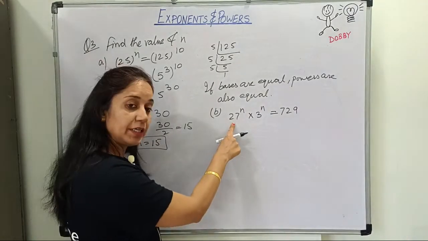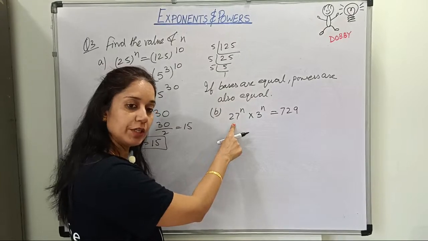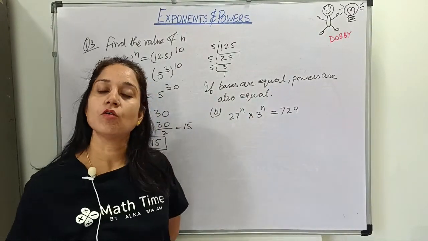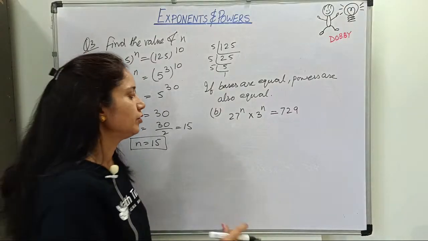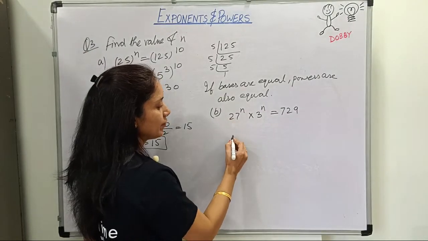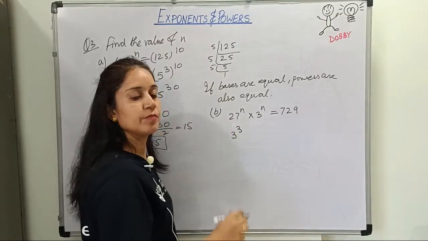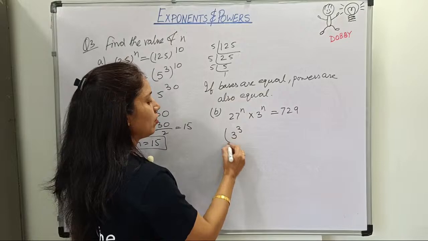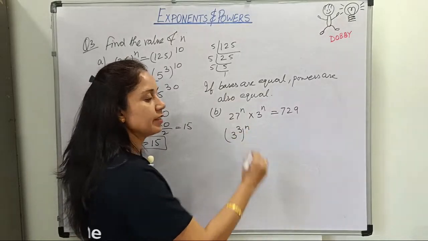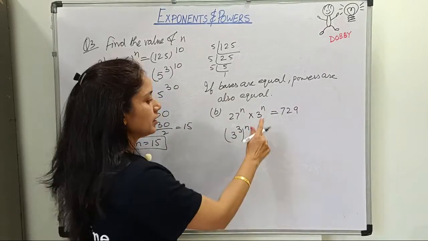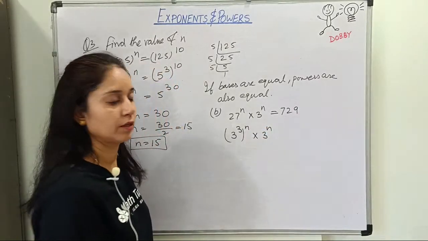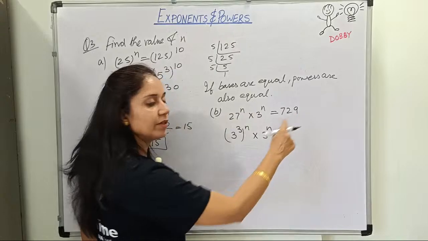So yes, 27 can be written in terms of 3. 3 is already 3, and 729 can also be written in terms of 3. So let us write 27 as 3 raised to the power 3. 3 3s are 9, 9 3s are 27. And the power of n is already given. Second, 3 raised to the power n equals 729.